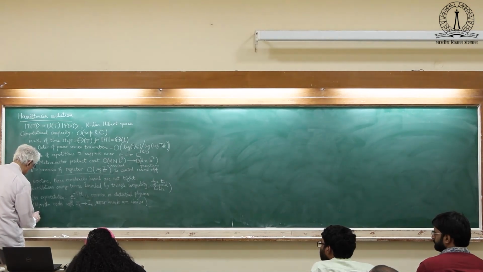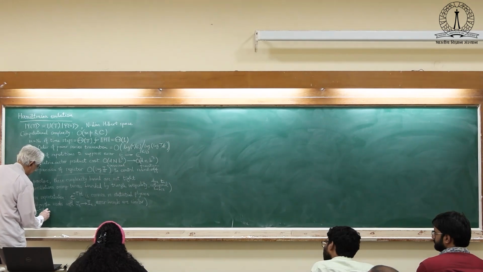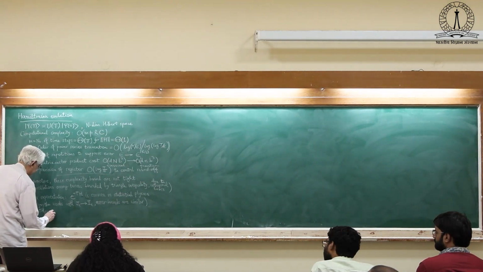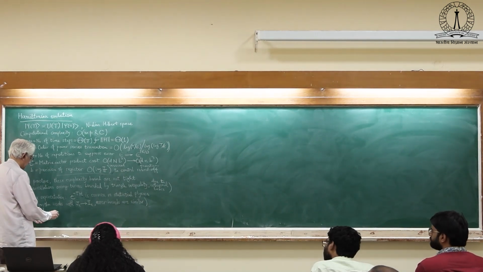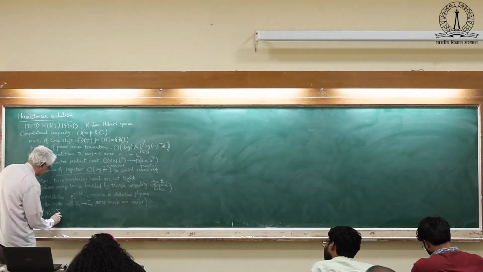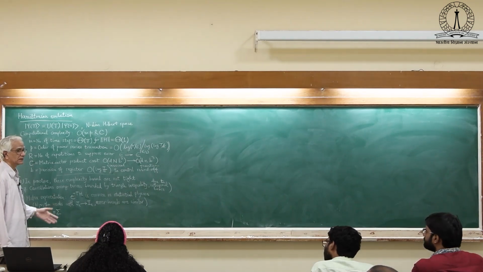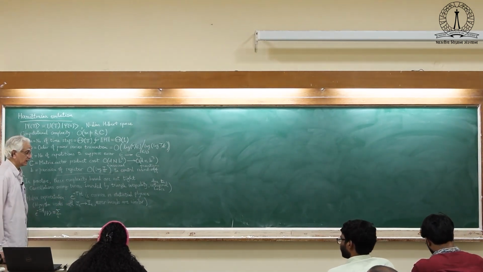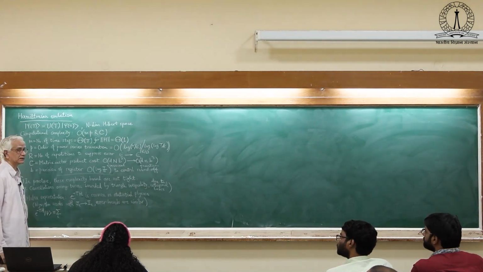What it does is, if I write it in an eigenbasis of the Hamiltonian, which is always available for a Hermitian operator, there will be an orthogonal eigenbasis.